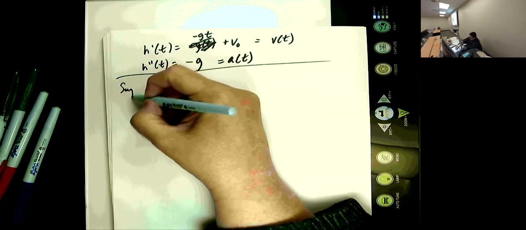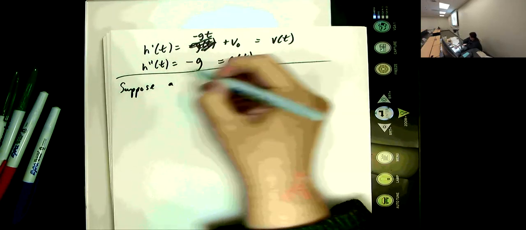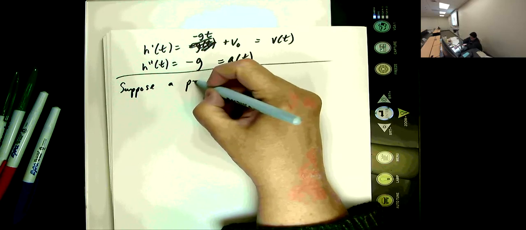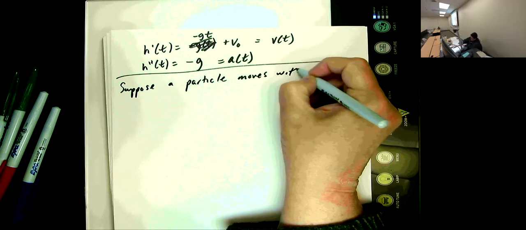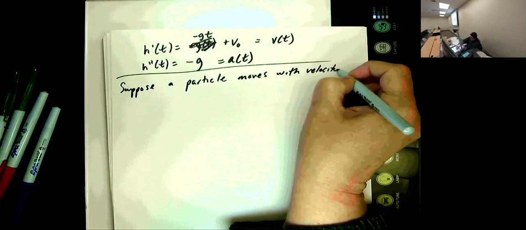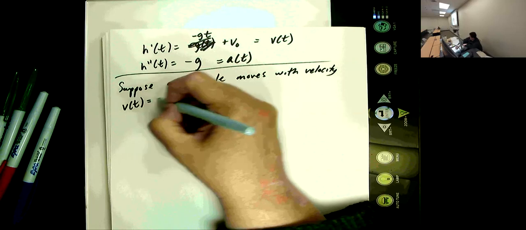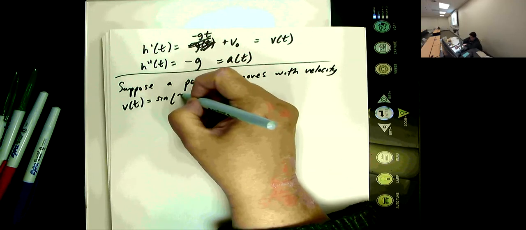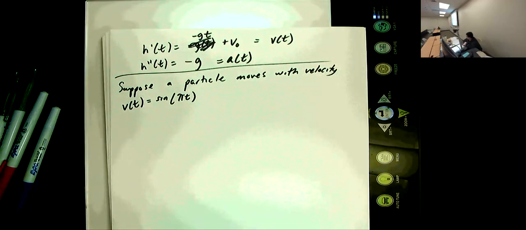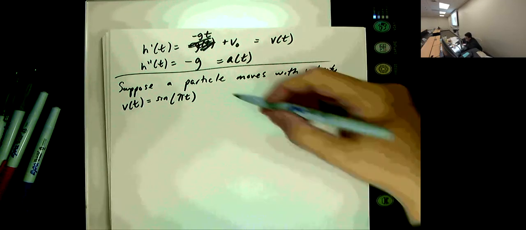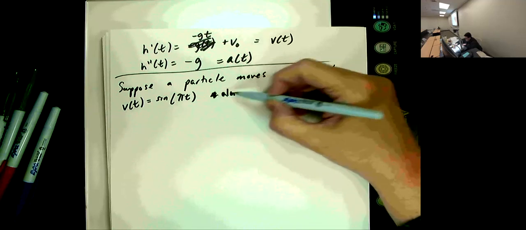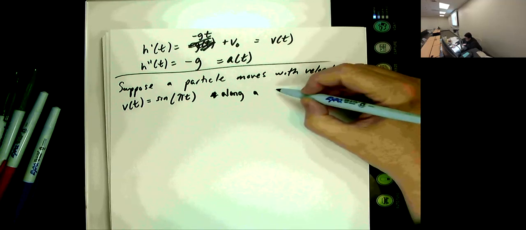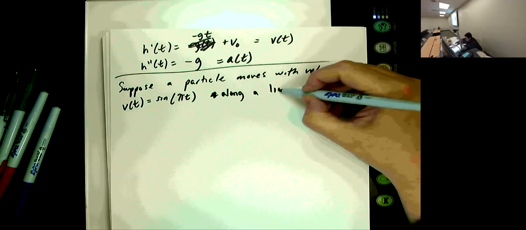This is a terrible example. Suppose a particle moves with velocity v of t equals sine of pi t along a coordinate line. I don't think I need the word coordinate line.